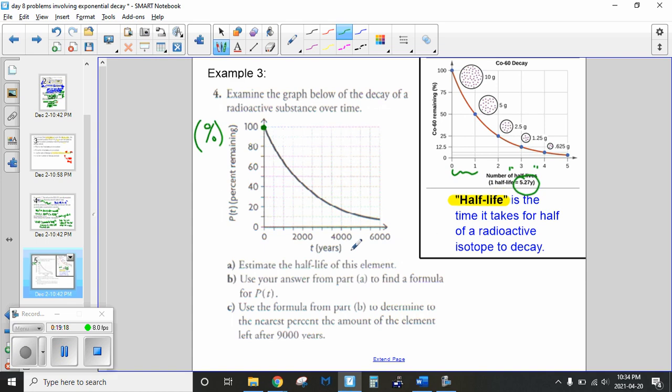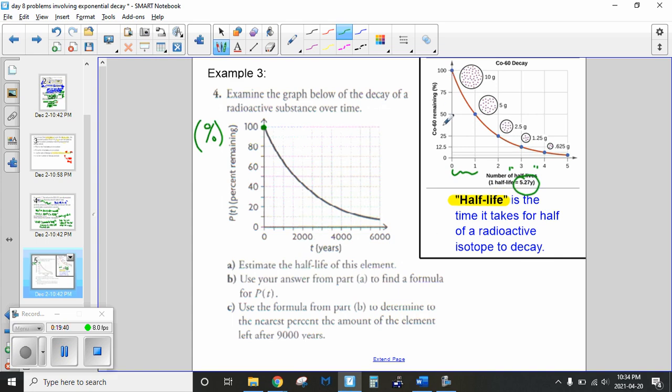The horizontal axis is looking at time in years. So this is very different than the cobalt example, decaying every 5 years. This is looking at like a long time scale of thousands of years passing. So this is obviously a more stable isotope that doesn't decay so quickly. And we're going to estimate the half-life of this element.